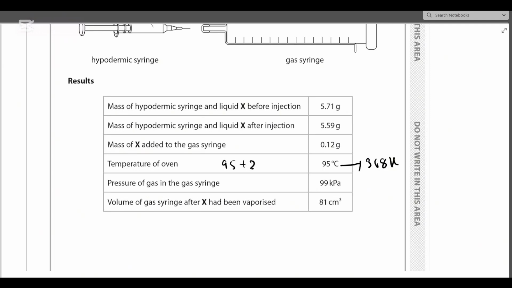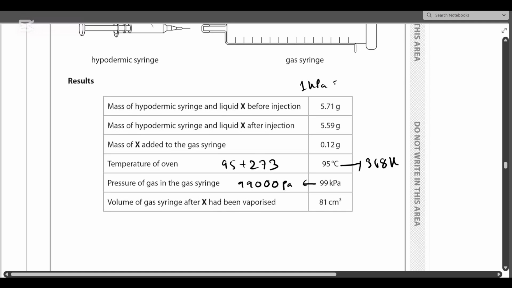You just add 95 plus 273. The next thing, we need to convert the kilopascals to pascals, which is about 99,000 pascal. You just multiply 1,000 with 99 because we know that 1 kilopascal is equal to 1,000 pascal.